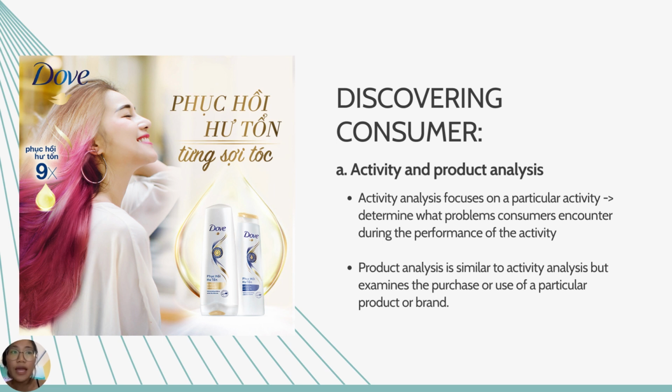Customers with damaged hair finding a brand which can repair their hair, which is Dove, is an example for this part. Product analysis is similar to activity analysis, but examines the purchase or use of particular products and brands.